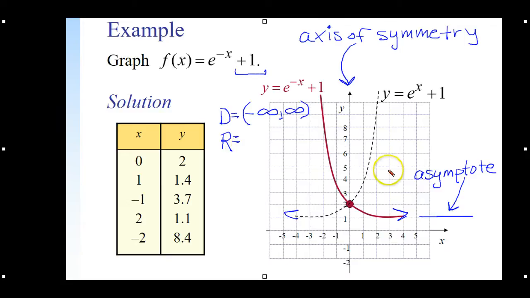Now, for the range, where do they start? Do they start at 1 or just beyond 1? Well, remember, they never reach the asymptote. That's its definition. It gets closer and closer, but never reaches it. So we have to put a parenthesis to indicate that 0, in this case 1. If it didn't have the 1 there, it would be 0. It doesn't reach 1, but goes to positive infinity.